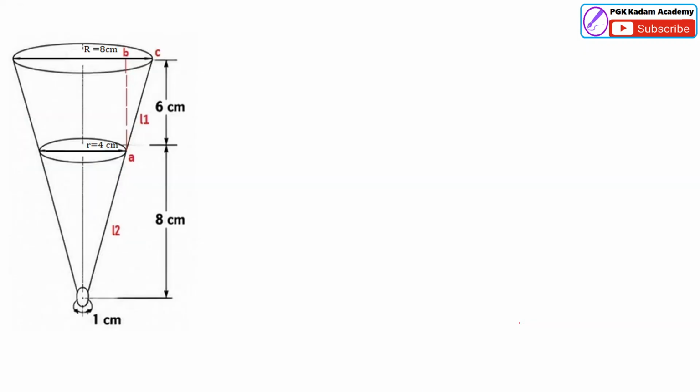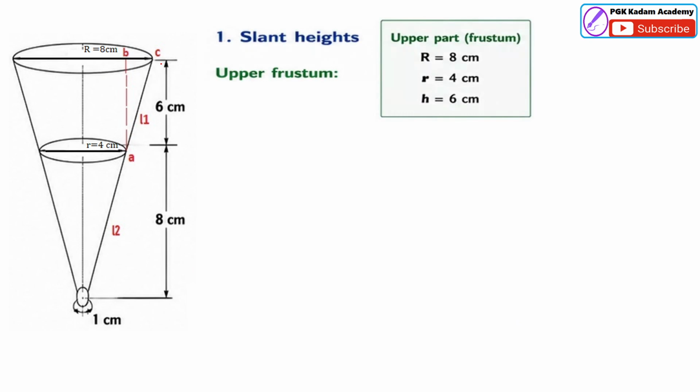Now we'll go for finding the slant edge of the upper part. First we'll calculate the slant height of the upper frustum. We know the dimensions given here: capital R, the radius of this lower circle, is 8 centimeter, small r is 4 centimeter.